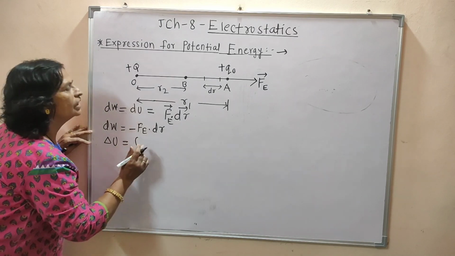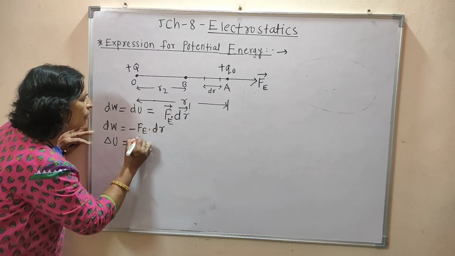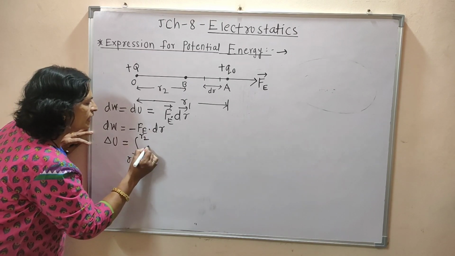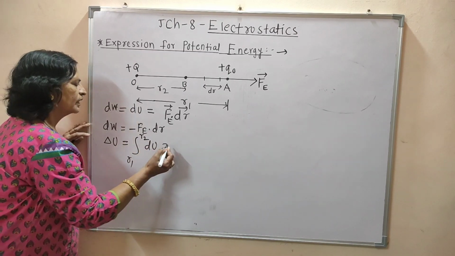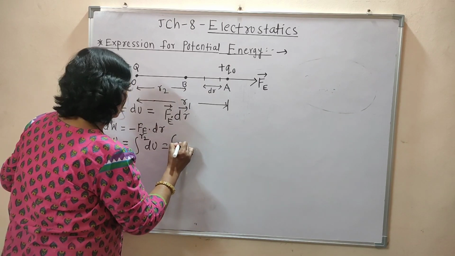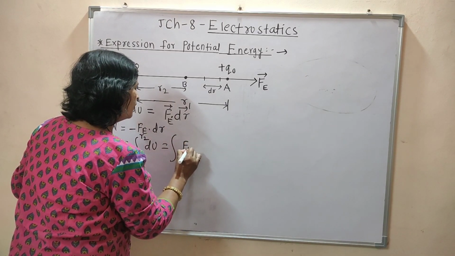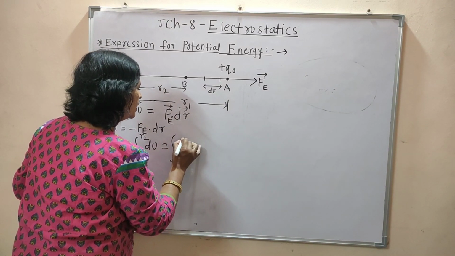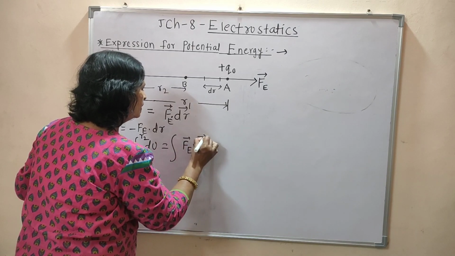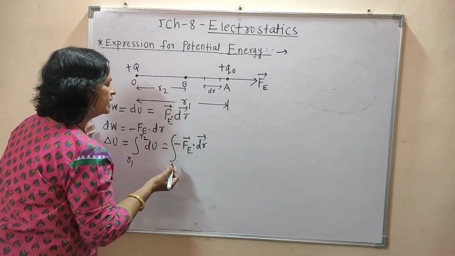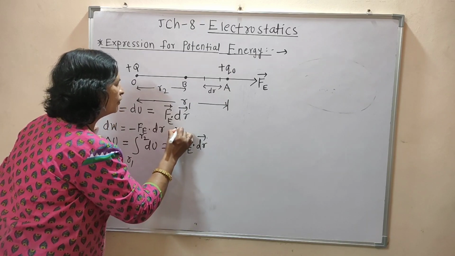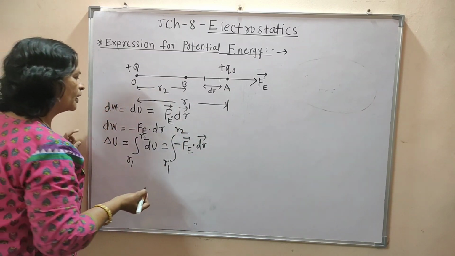So the integration within the limits r1 to r2 of dU is the integration of minus Fe into dr, limits r1 to r2.